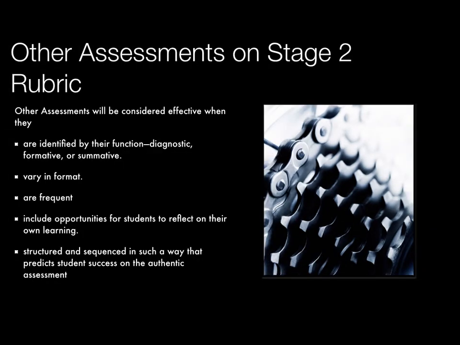The Stage 2 rubric considers other assessments effective when they serve a clear function in the student's learning process, when they are varied in format, when they occur frequently, when they have students be reflective participants in their own learning, and when their sequence and scope lead to a high level of confidence in predicting the student's ultimate success on the performance assessment.